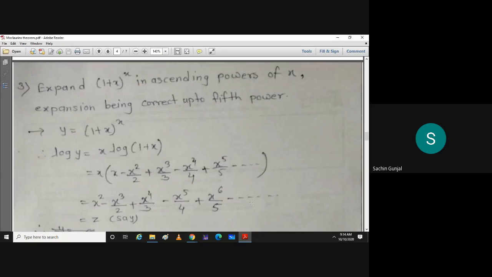I have one question over here. All these series are infinite series. They don't sum to infinity, but they go till infinity. There are certain laws of dealing with infinite series.